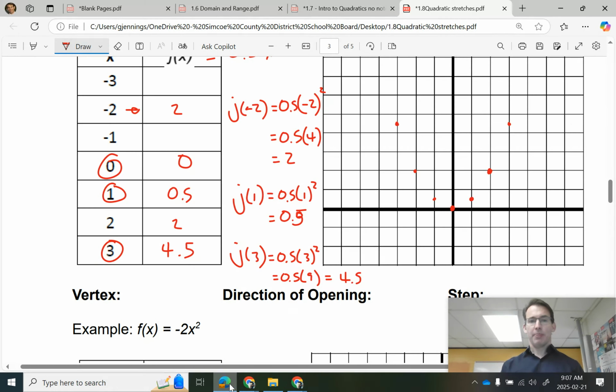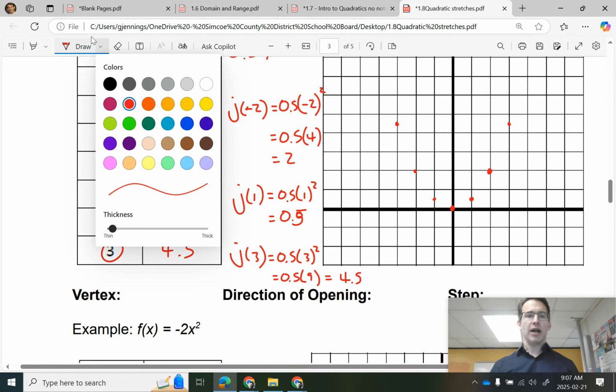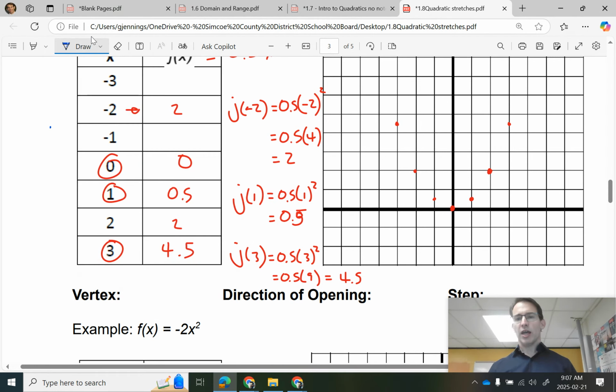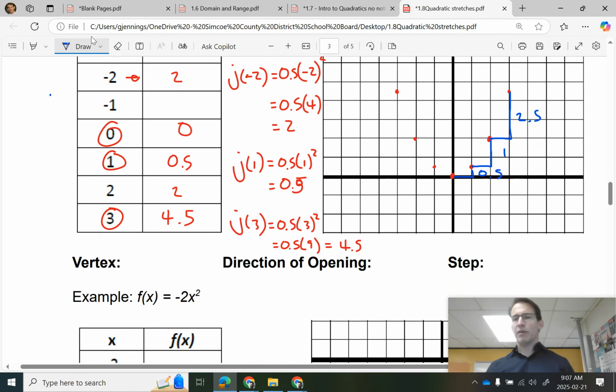All right. So let's take a look here. If we look at our step pattern now, we have moving over and up by 0.5, moving over and up by 1.5, moving over and up by 2.5. So there's our values for our step pattern.